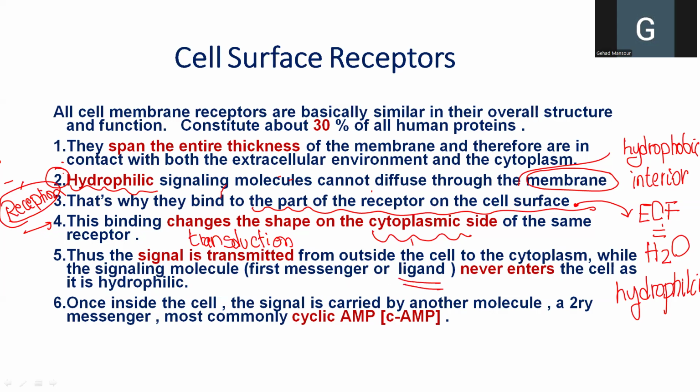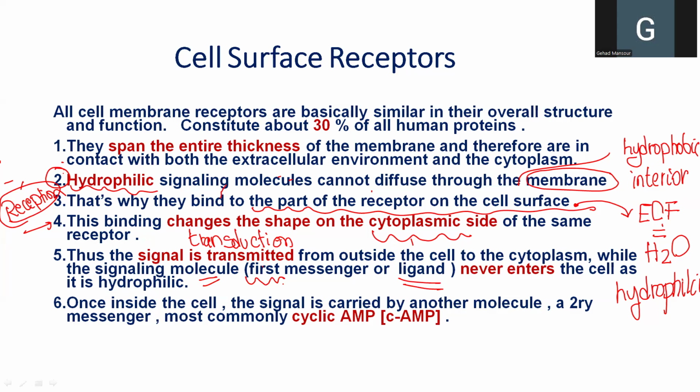So ligand is another name for the hydrophilic signaling molecule that stays outside, or you can also say that it is the first messenger molecule, since it induces cyclic AMP, and cyclic AMP that's formed inside the cytosol of the cell is considered a secondary messenger. Again, we remind you that the first messenger, or the peptide signaling molecule, or the ligand, is hydrophilic, and therefore it cannot pass through the hydrophobic interior of the cell.